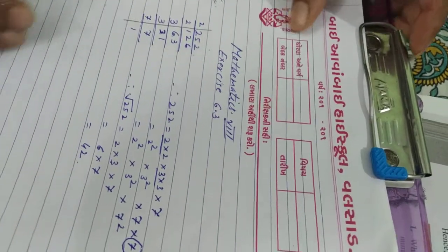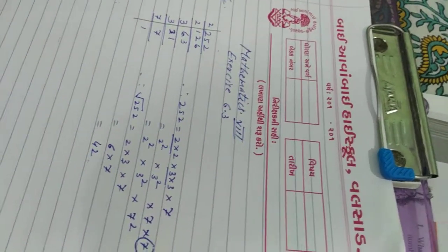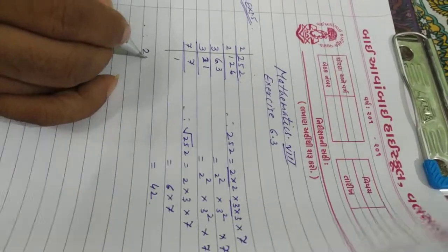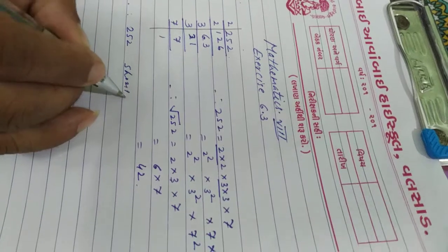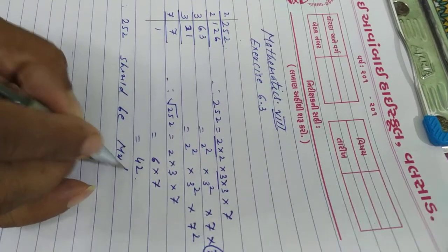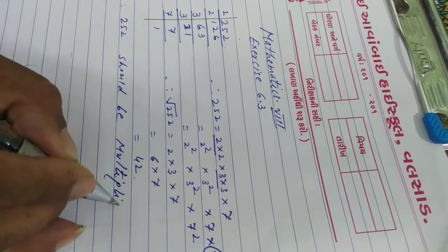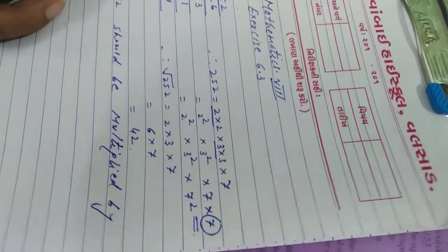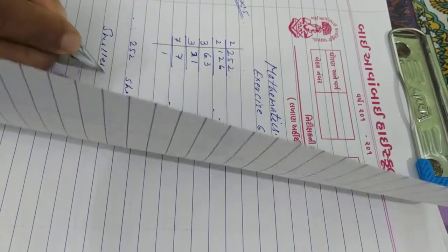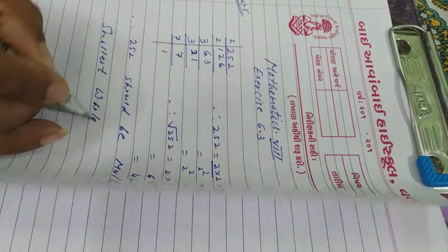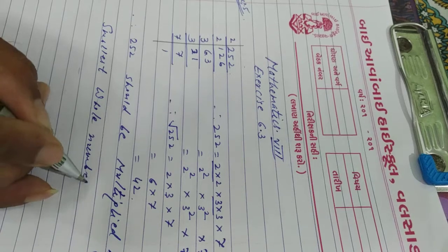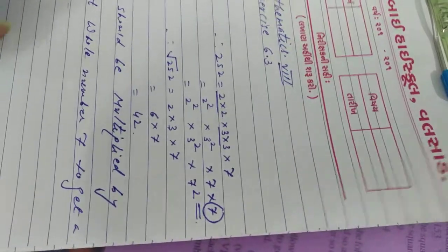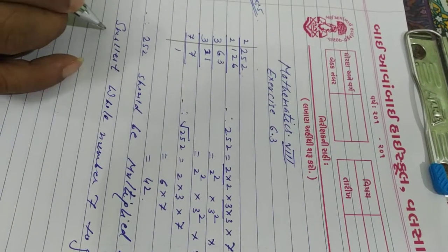So we can say, by what do we have to multiply the given number? 252 should be multiplied by the smallest whole number 7 to get a perfect square.